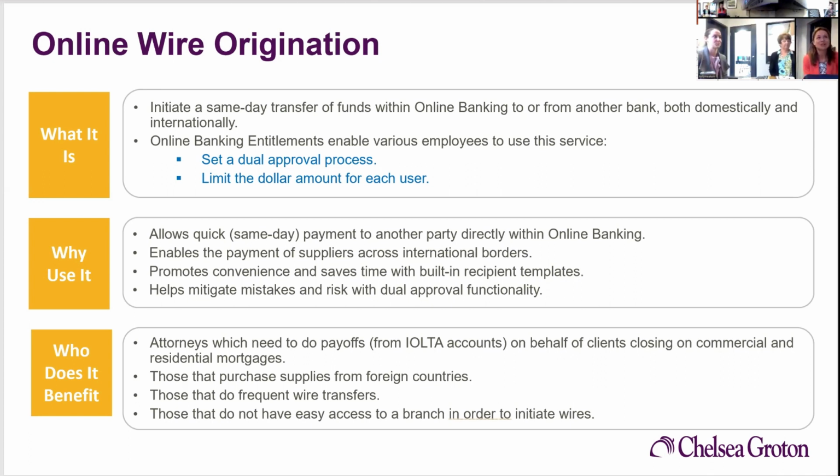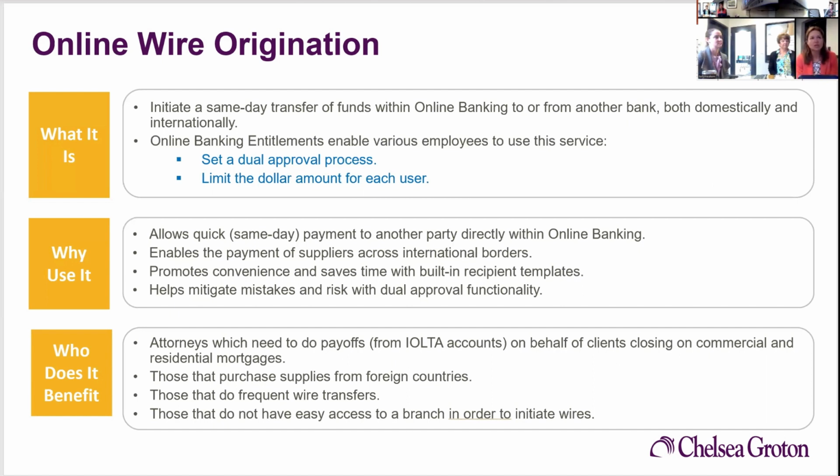Wires obviously are, as hopefully you've heard us say if you've ever had to do a wire transfer, very fraught with peril from a risk perspective. So because this is given to you to be able to push out wires, we really want everybody to understand the inherent risks associated with sending out a wire transfer, verbally verifying wiring instructions before you send out a wire, all of that kind of thing, because you don't have us sitting with you when you are pushing out a wire transfer from the bank, asking all those questions.